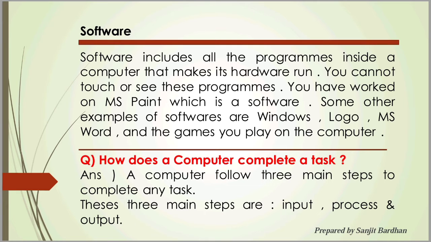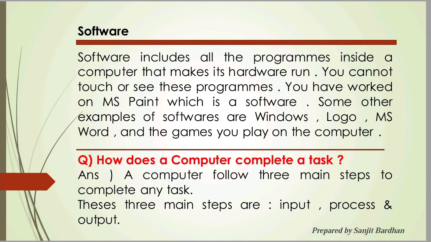I already discussed the entire input, process and output cycle in my first video. That means when we give some instruction to the computer, it will process the data, then the computer will generate a result, that is called output. Input, process and output. This is how a computer completes a task.